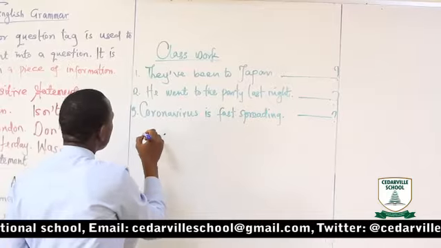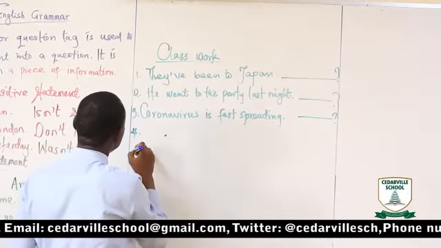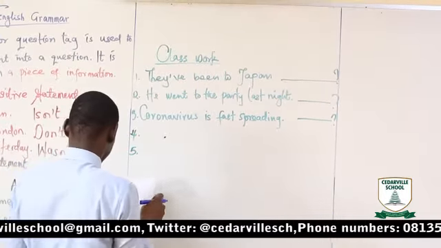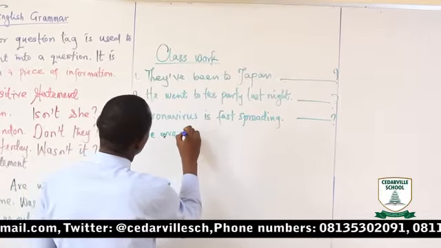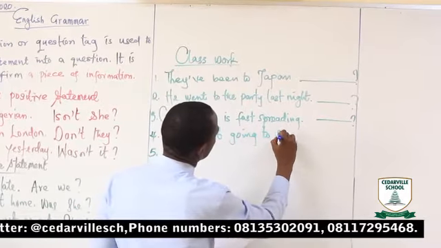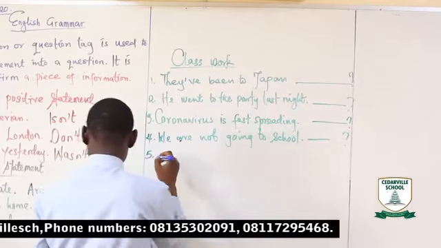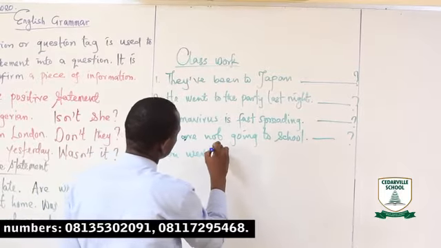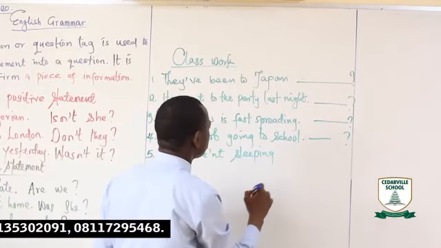Let's have others under negative statements. Four and five will be negative statements. Number 4: we are not going to school. Number 5: you weren't sleeping.